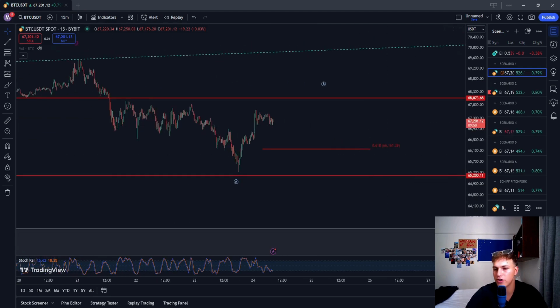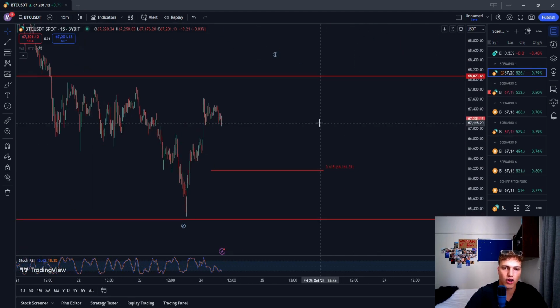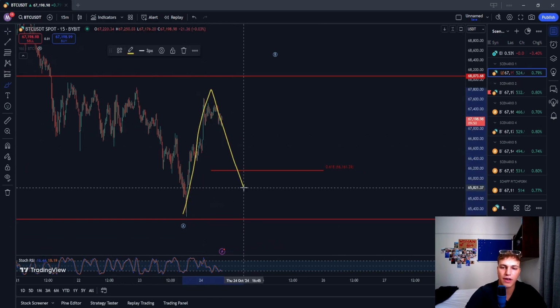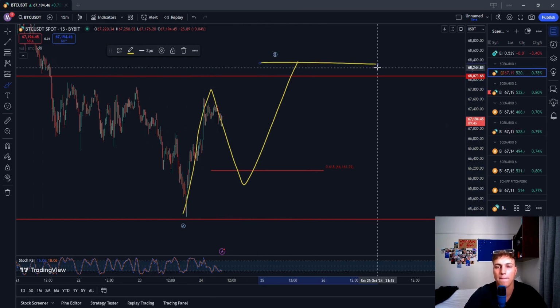So then we are currently in the B wave. This would mean we are looking at a wave up, B wave down, and a C wave up, finishing that overall B wave.